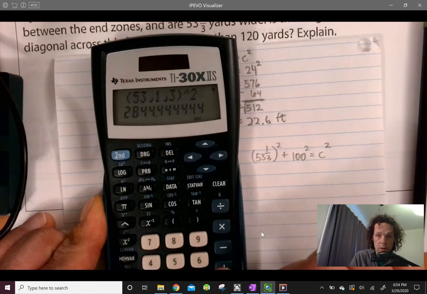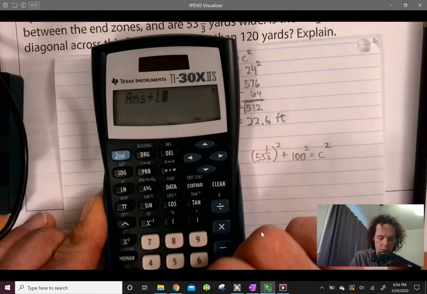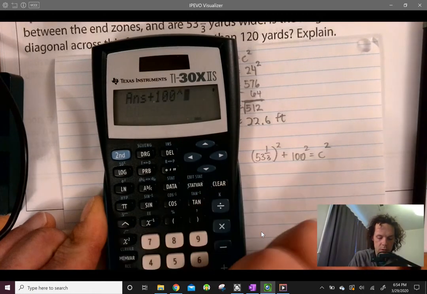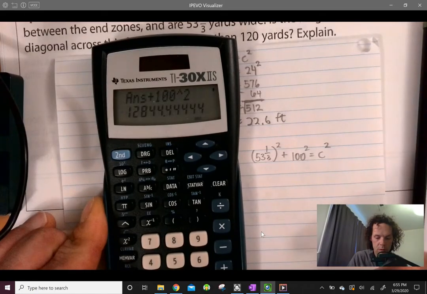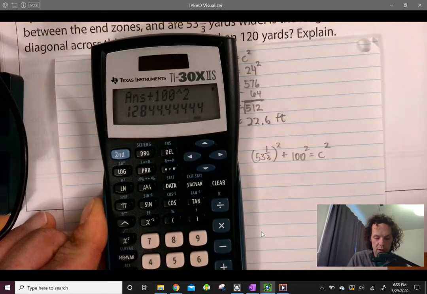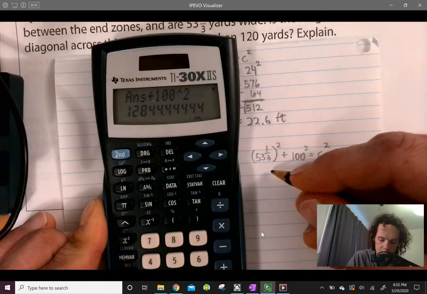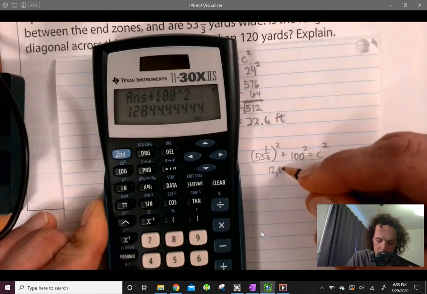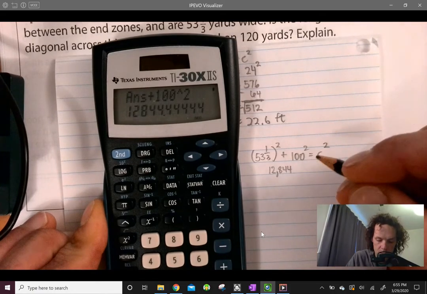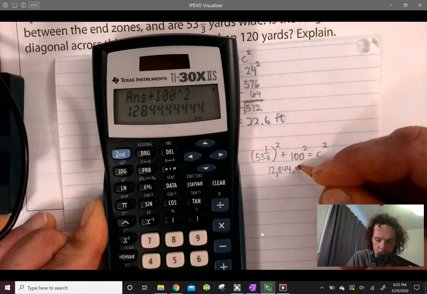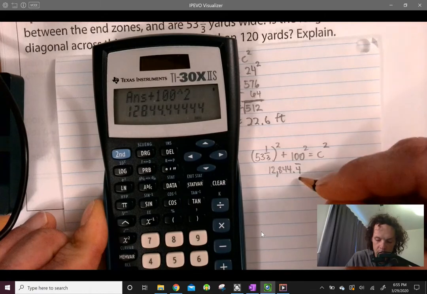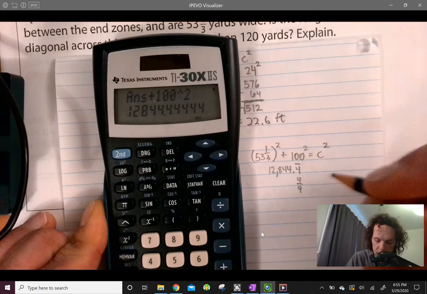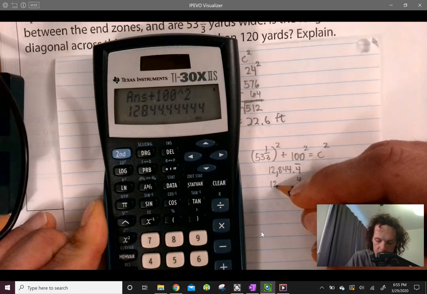And then let's do plus 100 squared. So that equals 12,844.4 repeating. And we know that's 12,844 4/9. So we could type that into our calculators very precisely.